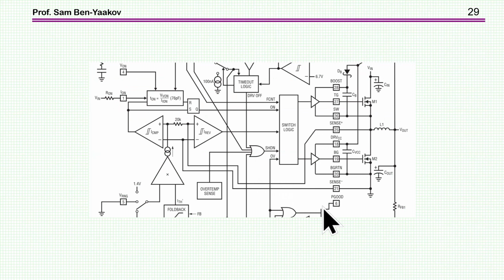In this case, the current sensing is done by looking at the voltage across this lower transistor when it is on. So this is the plus and minus of the sense, and this sense now goes into the comparator, which also gets the output of the error amplifier of the voltage loop. So this follows the idea of peak current mode.